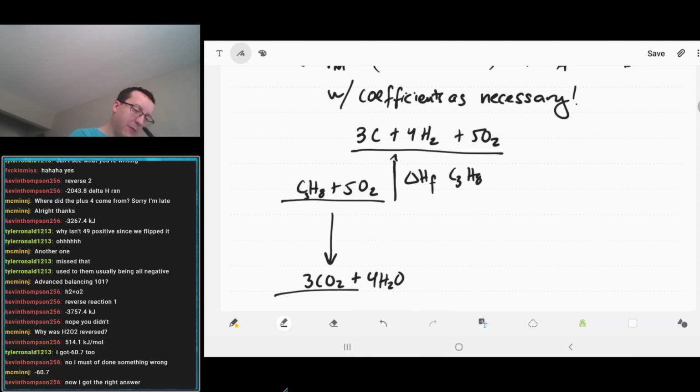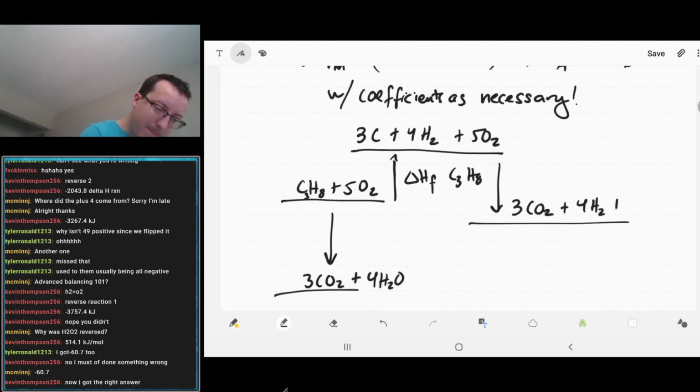And we saw that we could combine, what am I saying? Carbon dioxide, right? We could combine these guys into carbon dioxide. How many oxygens do we have left? 2.